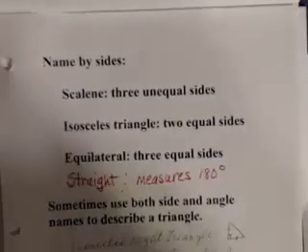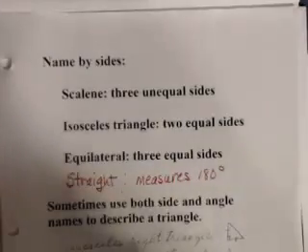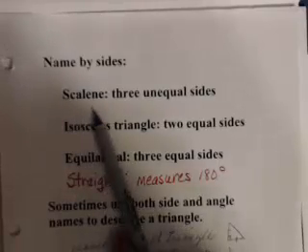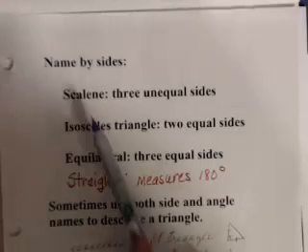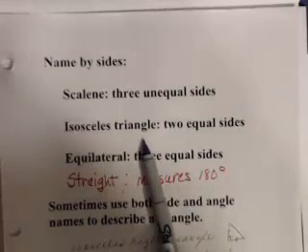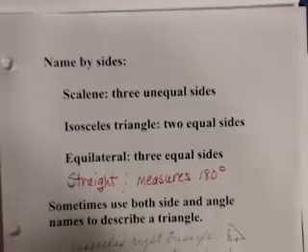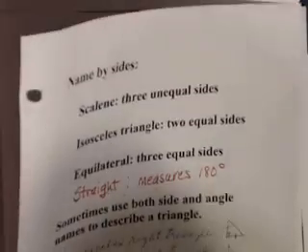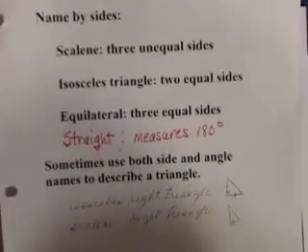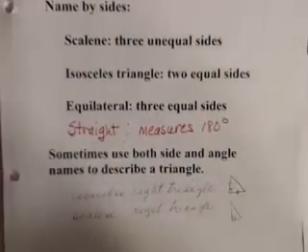Now we can name a triangle by its sides as well. If the triangle has no equal sides, it's called scalene. If it has exactly 2 sides equal, it's called isosceles. If it has all 3 sides equal, it is called equilateral.